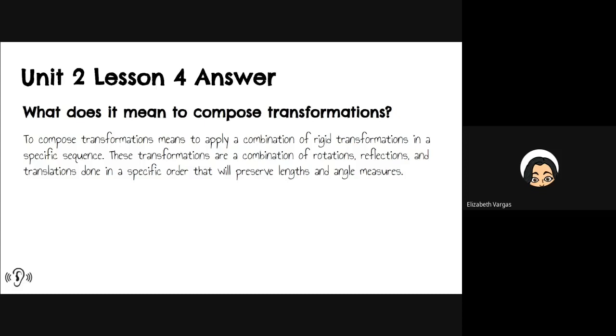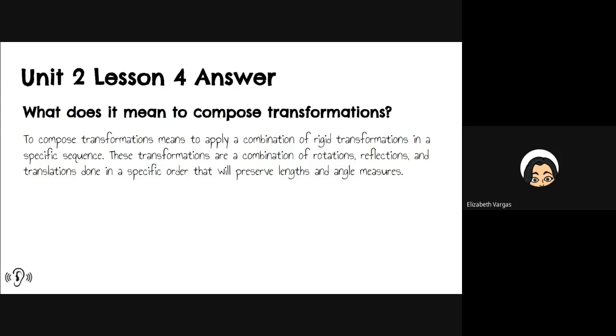It is a combination of rotation, reflection, and translation done in a specific order that will preserve lengths and angle measures. So a composition of transformations is basically just a combination of all the rigid transformations we've learned thus far. As a result of completing those combinations, we arrive at a resulting image that preserves both length and angle measures. Any questions?